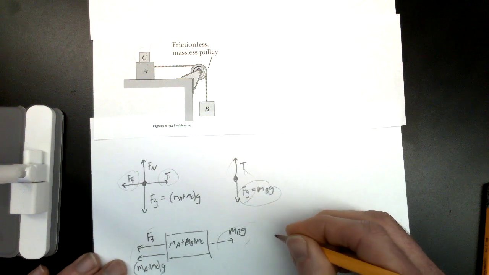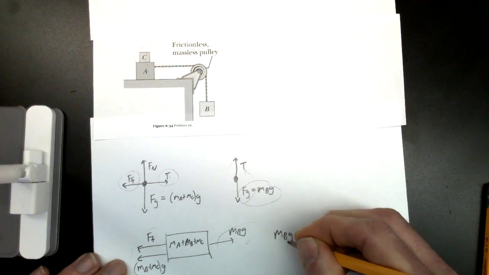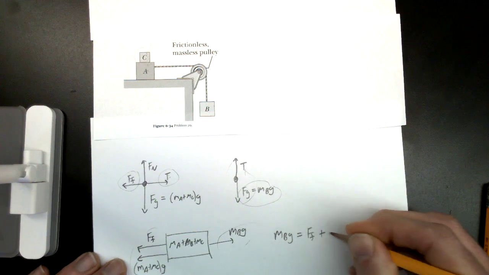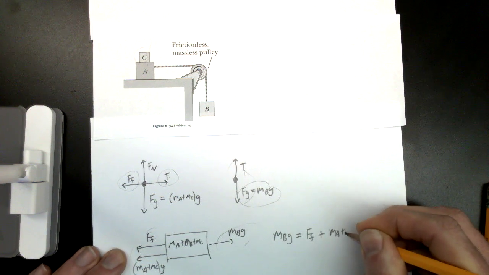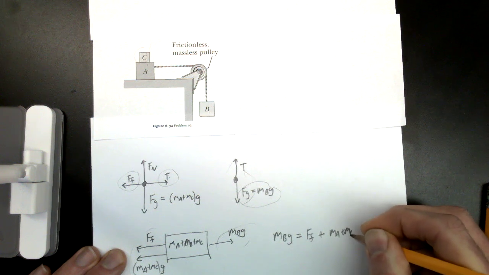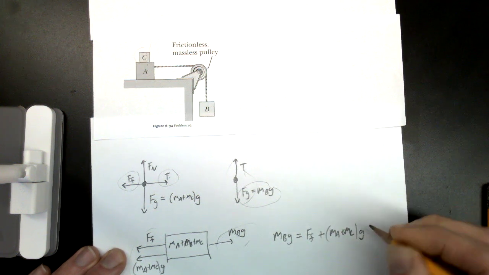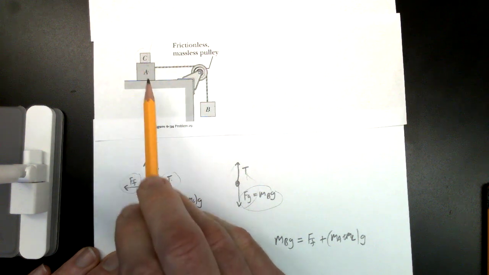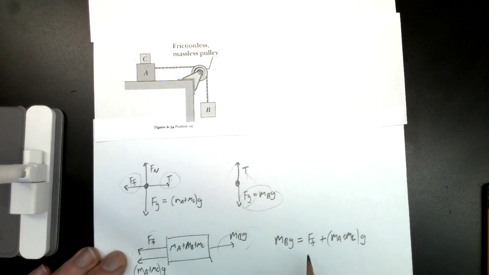So that means that I'm going to have mBg equals the force of friction plus (mA plus mC) times g. I think it's confusing that they had A and B and then C there instead of A and B and C. Anyways, we're going to try to find out what force of friction is necessary.